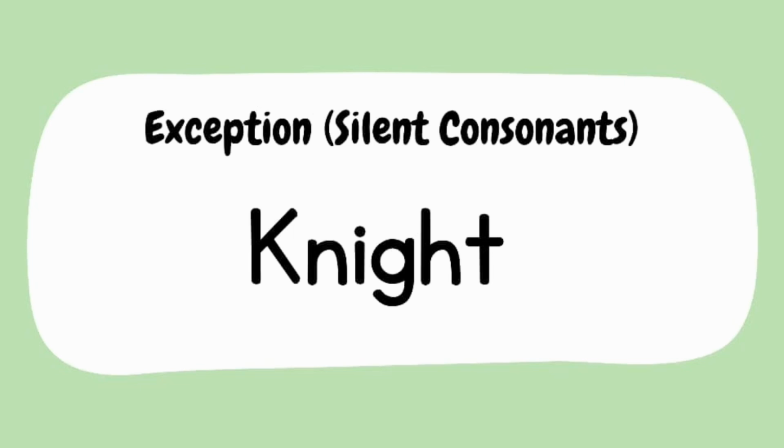For example, in the word night, N-I-G-H-T, there are two consonants following each other in it. In the word knight, K-N-I-G-H-T, we have k and n following each other, but the k is silent because whenever k comes before an n, it is the n that will be heard, the k will be silent.